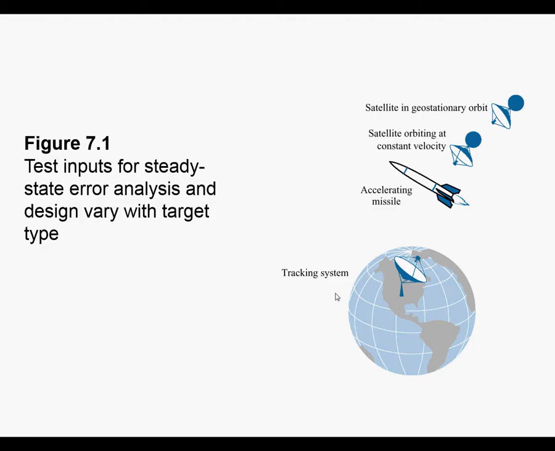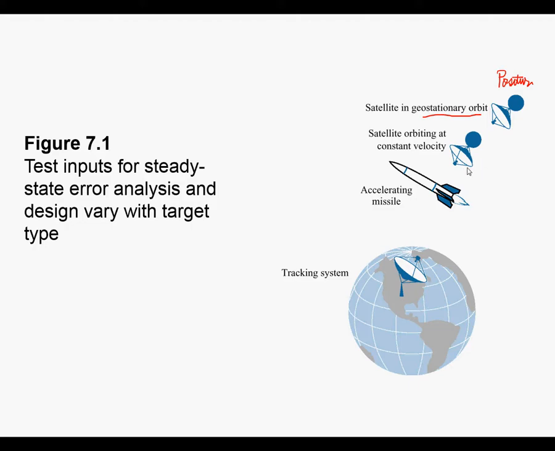So in this particular case, whatever test we perform, we would be looking at different types of applications, different transfer functions that we want, depending on what we would like to do. So for example, the test input for a geostationary orbit is a position. If we are seeking the position, that's one application.